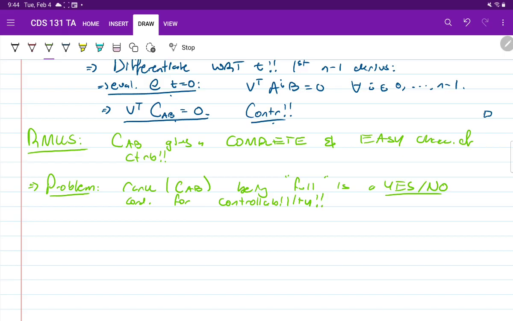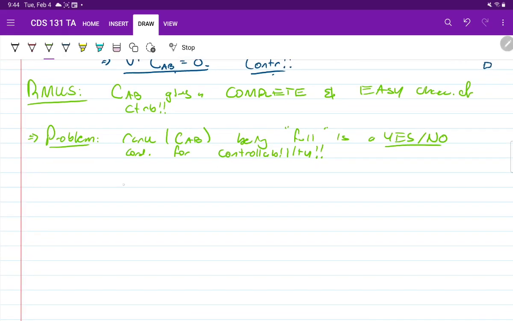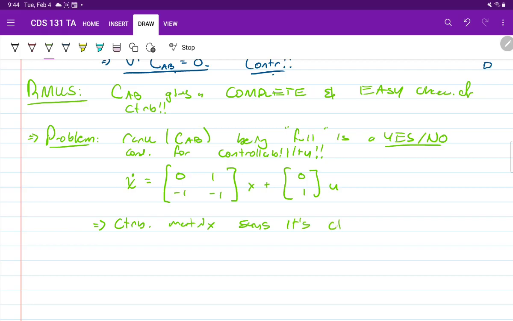Okay? So the problem is that since we have a yes or no condition for controllability, this controllability matrix really tells me nothing about how easy or hard my system is to control, right? So if, for example, I write out the system 0, 1, minus 1, minus 1 times x plus 0, 1 times u, the controllability matrix says it's controllable, okay?